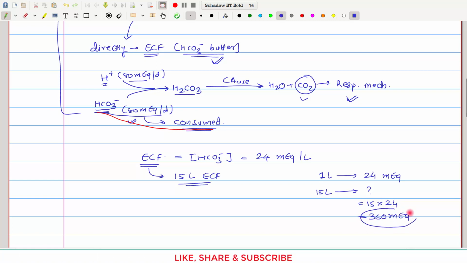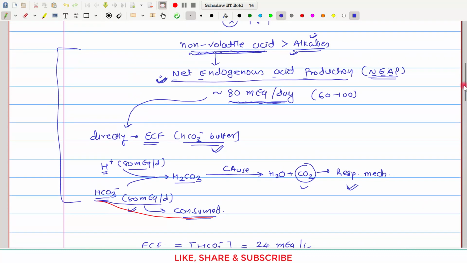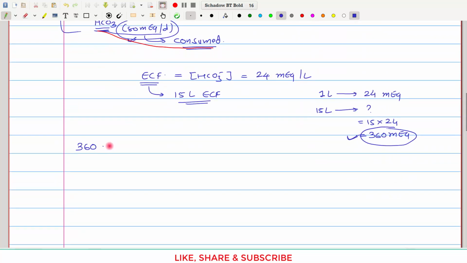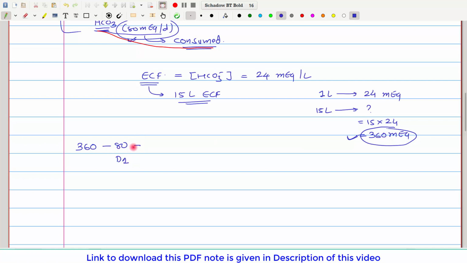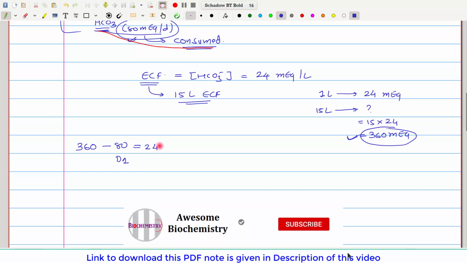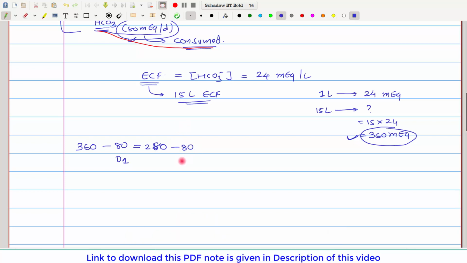So this 360 milliequivalent is the total bicarbonate content of our body. And out of this 360, how much bicarbonate is being consumed each day? It is 80 milliequivalent. So suppose at the end of day 1, this 80 is consumed. Then we are left with only 280 milliequivalent of bicarbonate. At the end of day 2, another 80 will be lost.